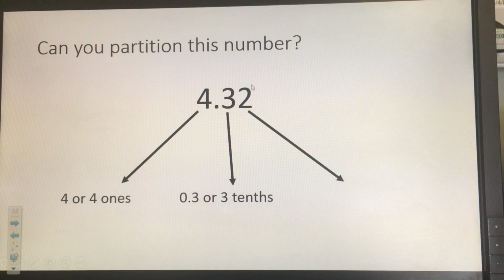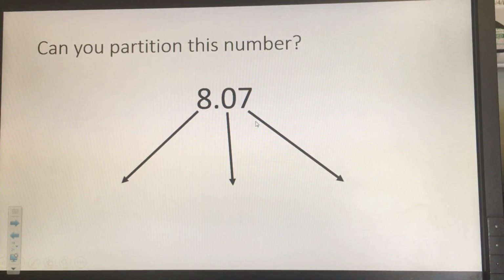Next I've got 2, and that is in the hundredths column, so that is equal to 0.02 or 2 hundredths. Next, I have 8.07. Okay, can you have a go at partitioning this number? You might want to pause the video now to have a go, and then I'll show you the answers in a second.